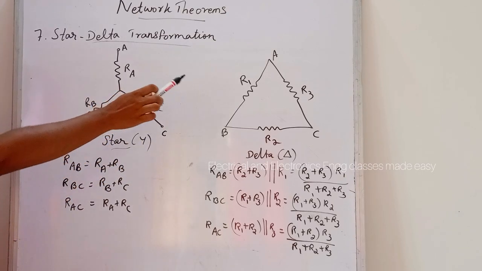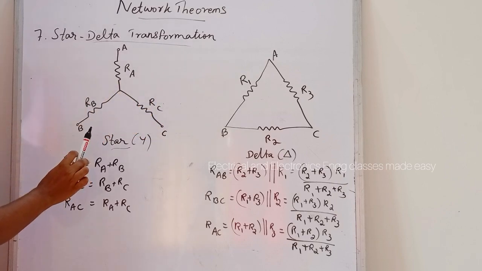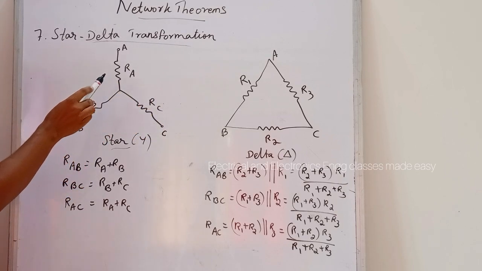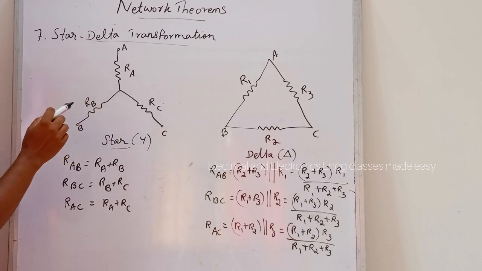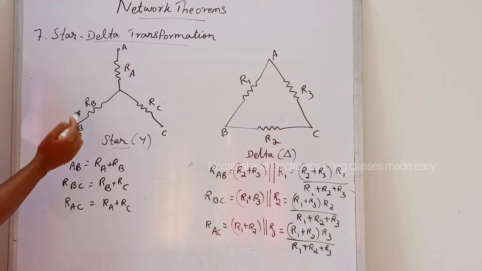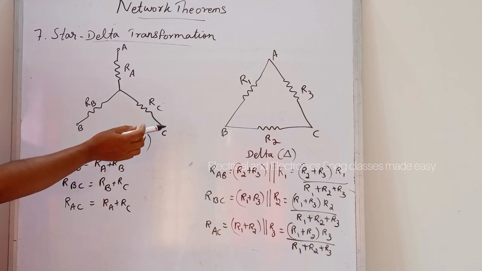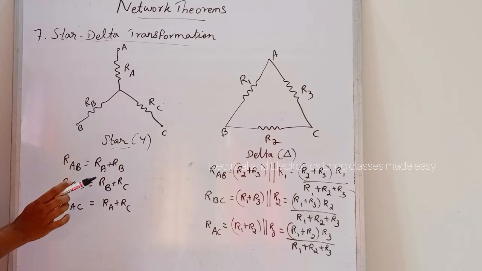And these two circuits are equal if their respective resistances from the terminals AB, BC and CA are equal.